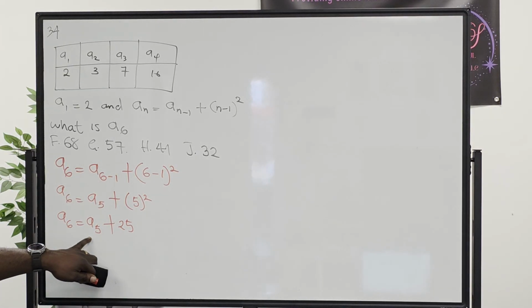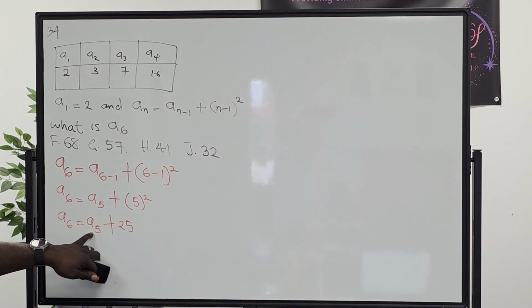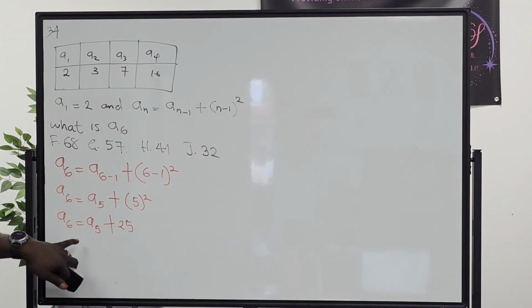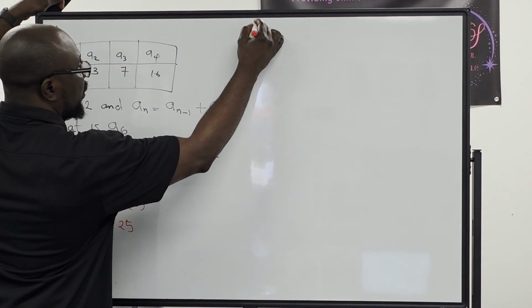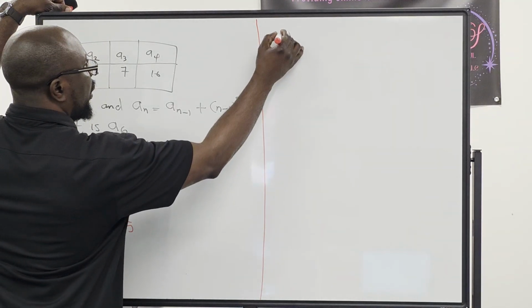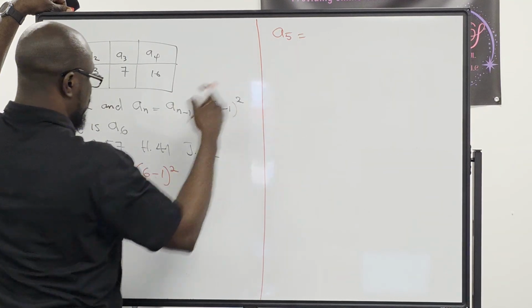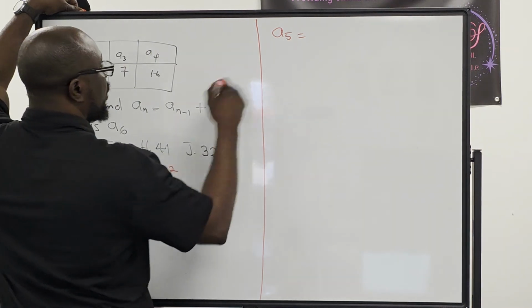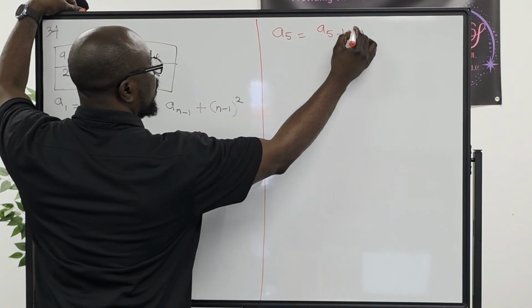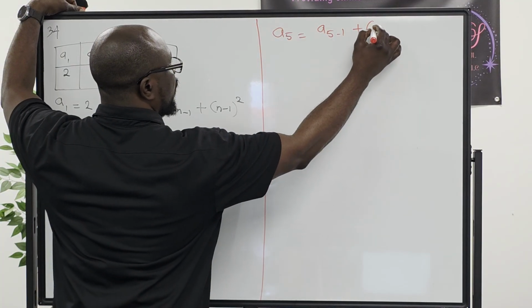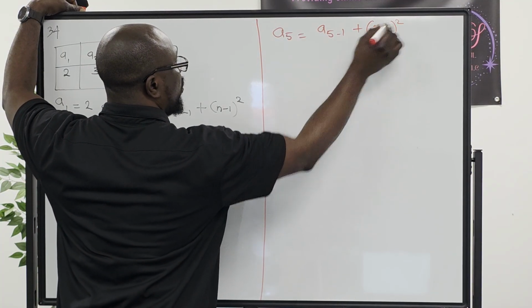So now we have to find A5. We don't know A5, but we know A4. So let's plug in the same thing for A5. A5 is going to be equal to the same equation here: A5 minus 1 plus 5 minus 1 squared.